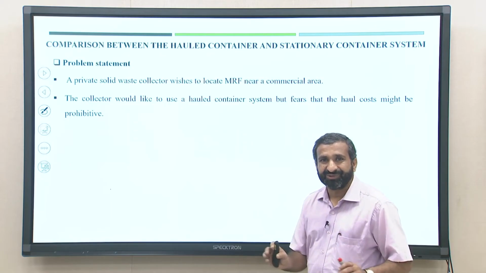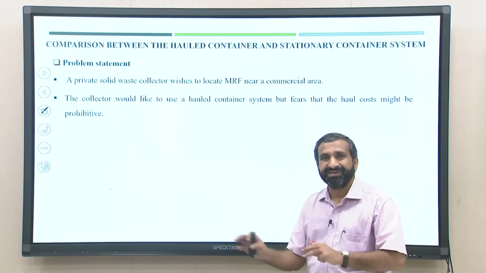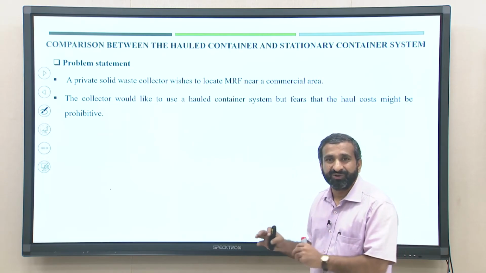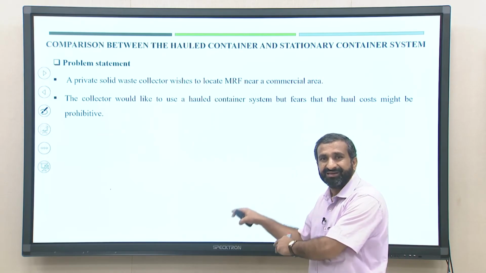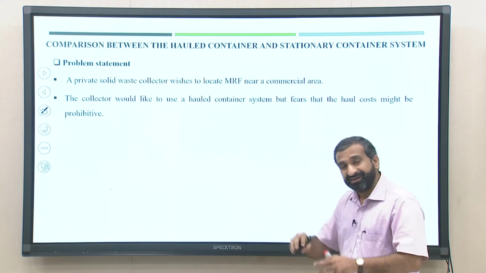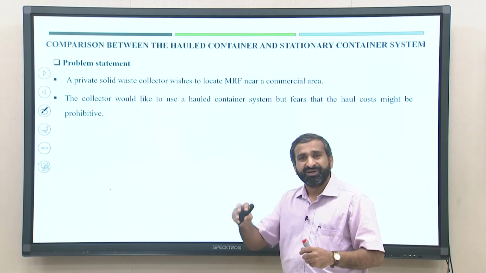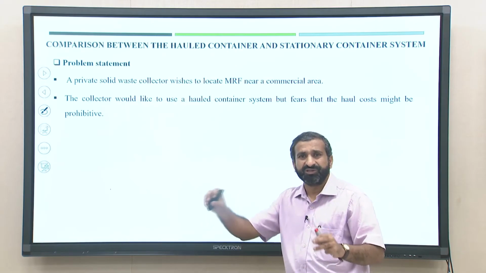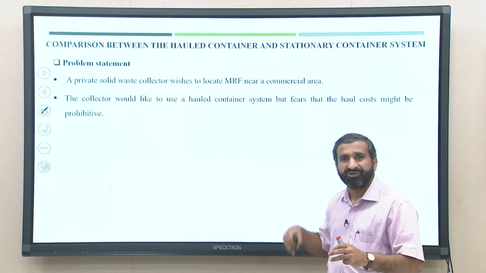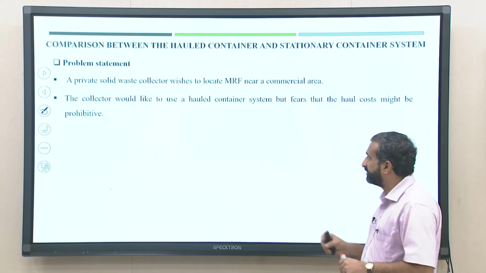As I also told, there is a lot of hauling, which means for every location you need to haul the vehicle to the recycling facility or disposal facility. But in the stationary container system, only once in one route does the vehicle haul to the recycling facility or disposal facility.